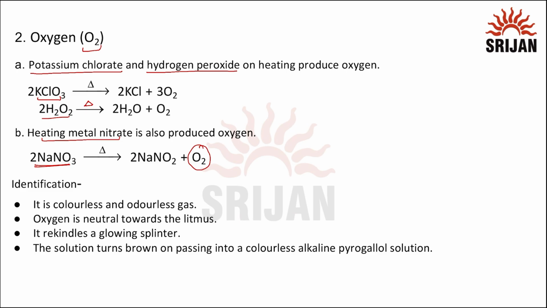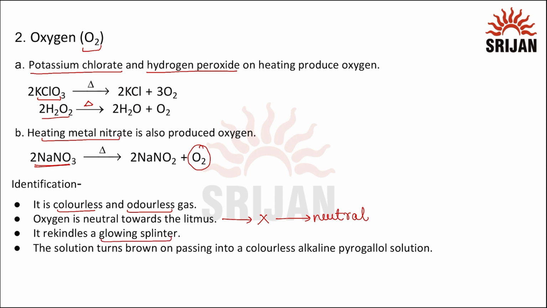Now, for oxygen, the points of identification are that it is a colorless and odorless gas. The second point is that it does not show any change in the color of litmus, which concludes that oxygen is also a neutral gas. Oxygen is actually a promoter of fire.